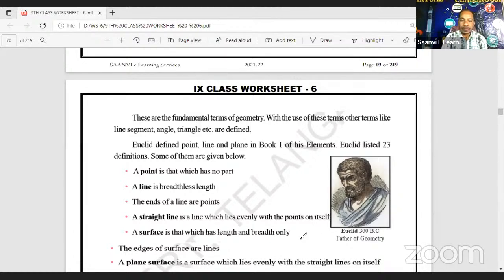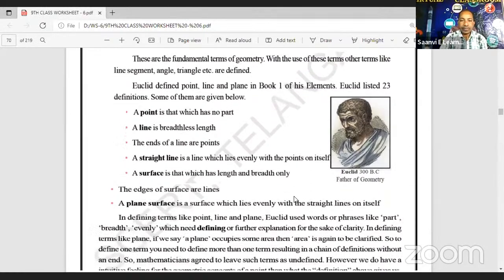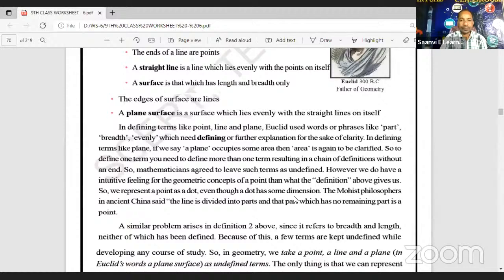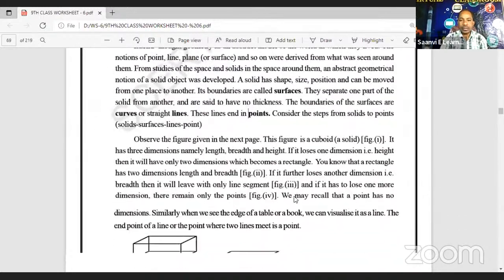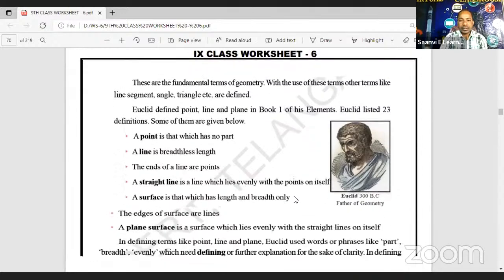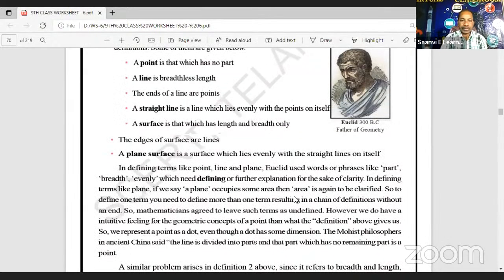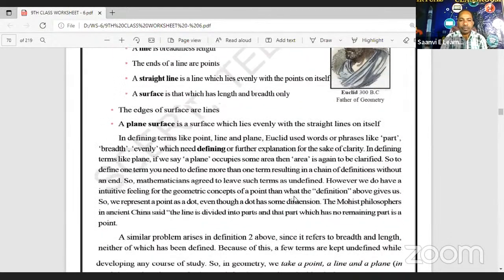Okay, children, like this, the father of geometry, Euclid, has given about point and line.